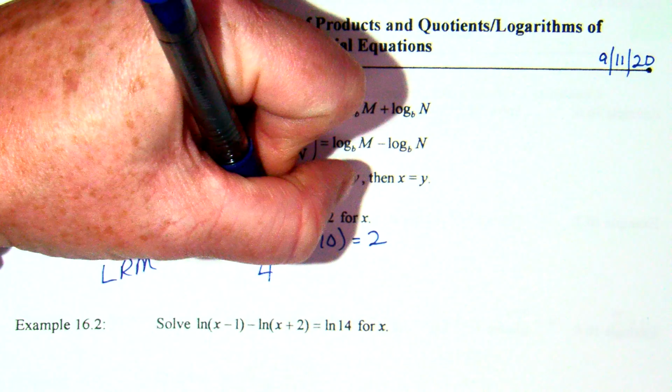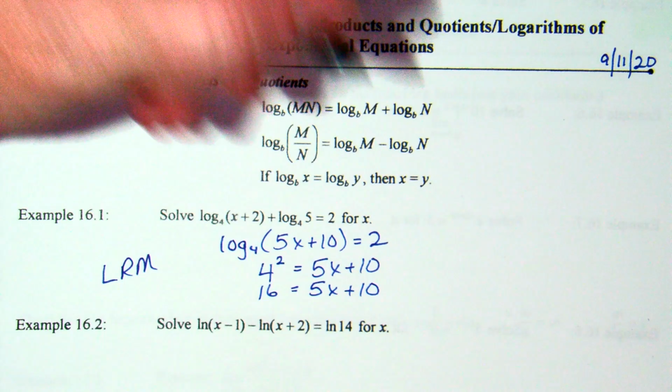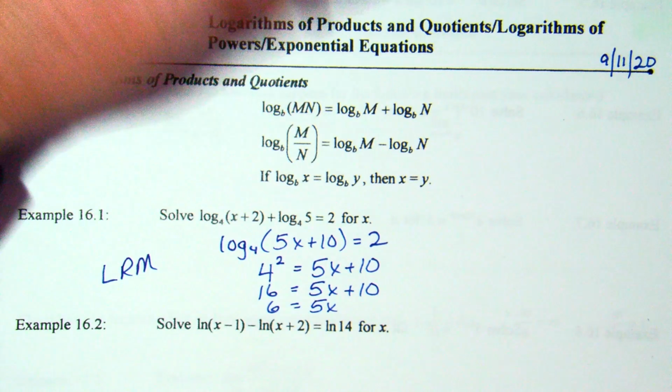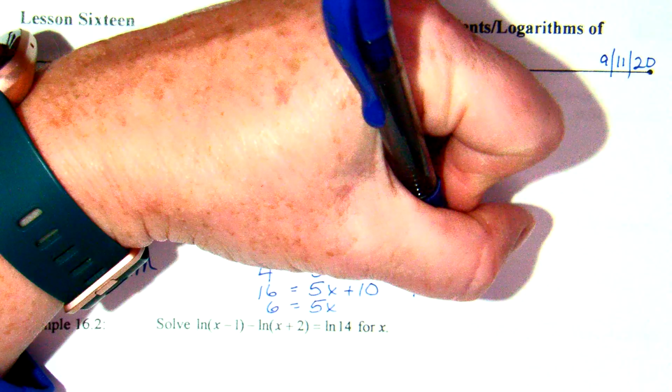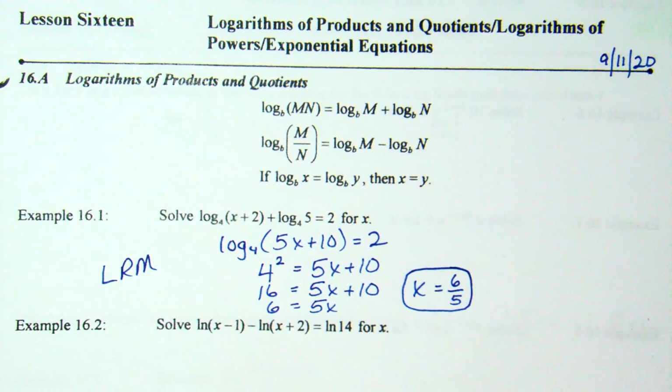So I have 5x plus 10 equals 16. Subtract the 10. 5x equals 6. X is 6/5. Questions there?